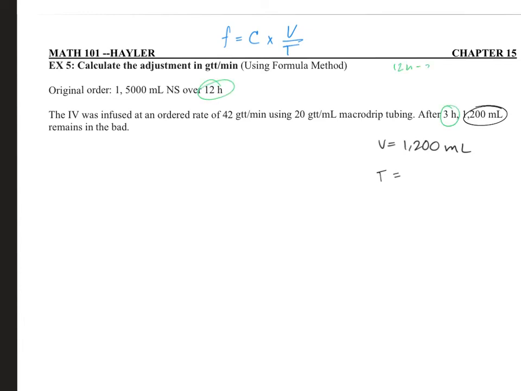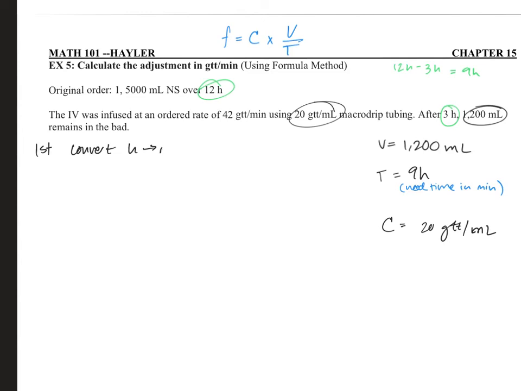So 12 hours minus 3 hours is going to give me 9 hours remaining. And actually, for this problem, we need the time in minutes. So we're going to have to convert this one. Let me just go ahead and put down what else we know. We know that C is 20 GTT per milliliter.